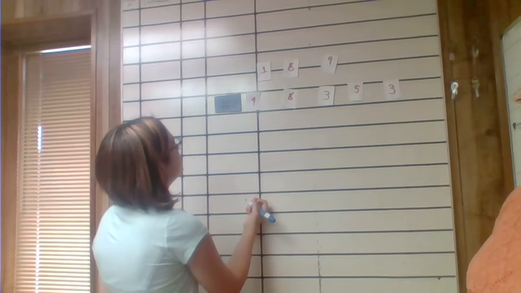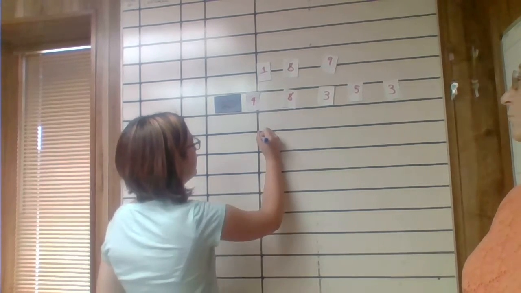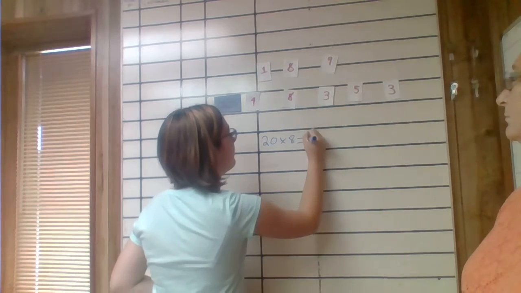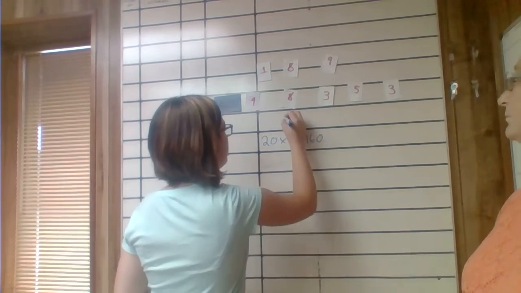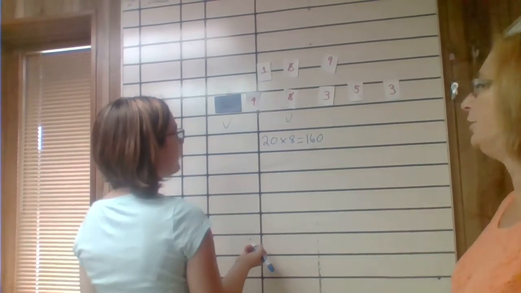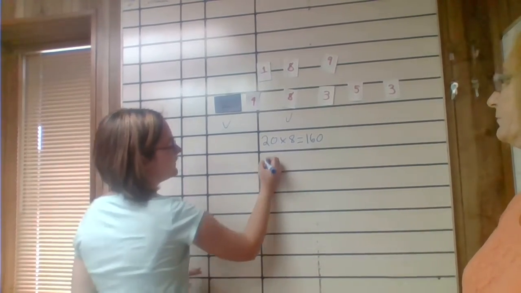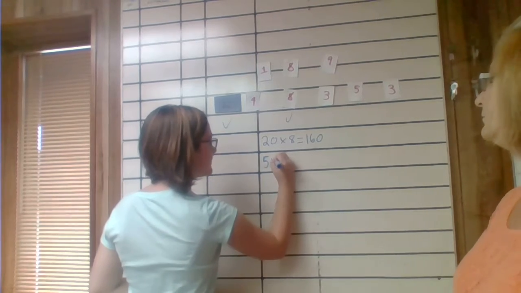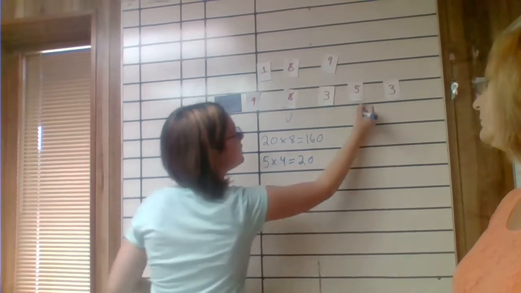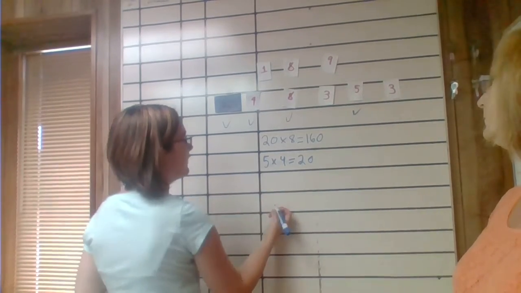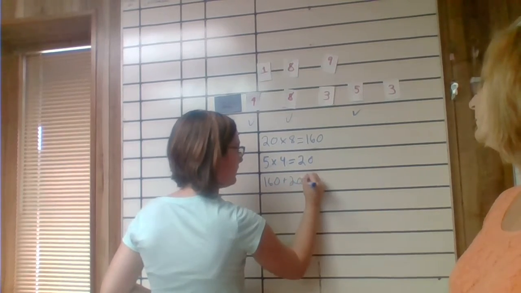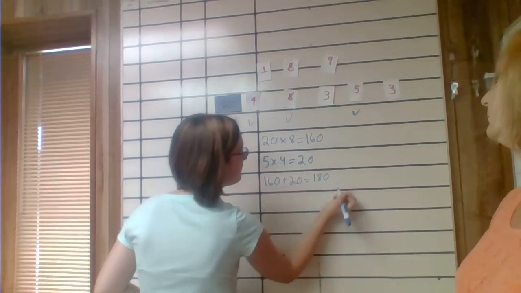Make my number. So I'm going to start off with 20 times 8, which gives me 160. Oh, I like how Abigail is marking out her numbers. And then I'm going to do 5 times 4, which equals 20. And now I'm going to add the 160 and 20, which gives me 180.